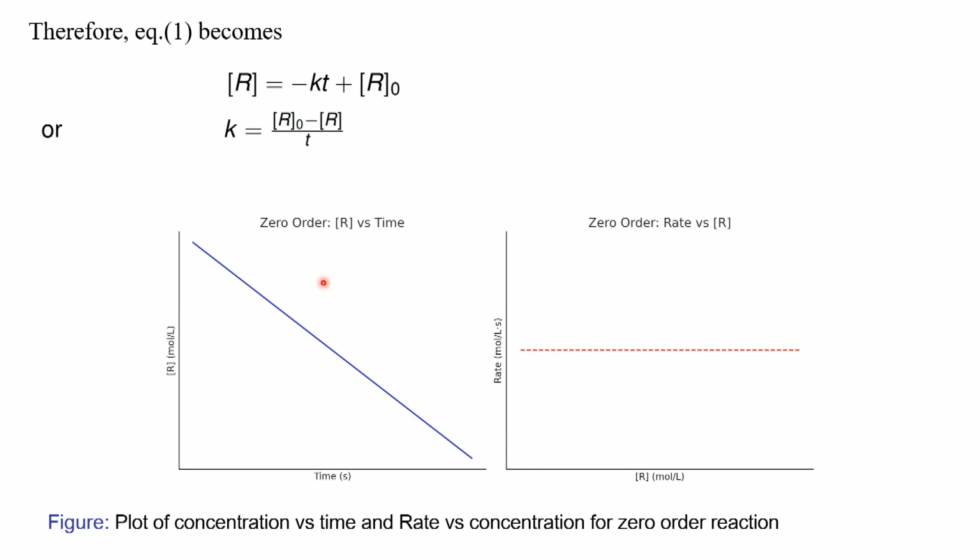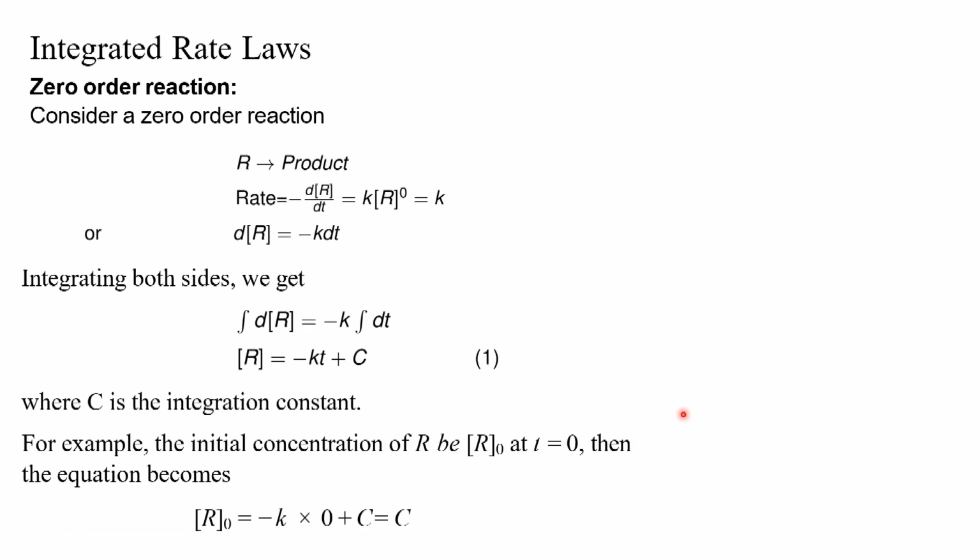Here we are plotting the concentration of R, the reactant, as a function of time in moles per liter. If we plot rate versus concentration of R, rate is given by this expression: rate is k R raised to the 0, so it gives you k.